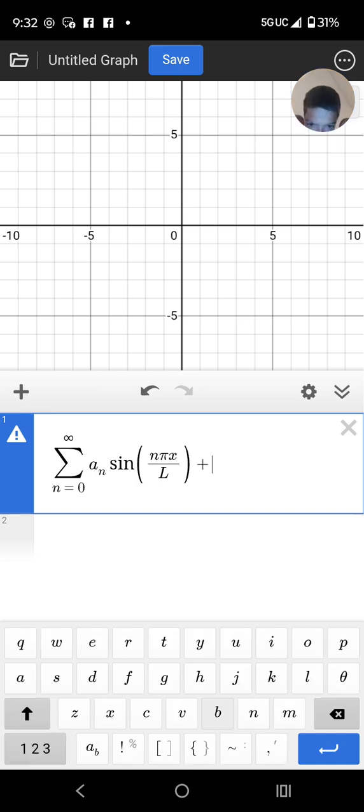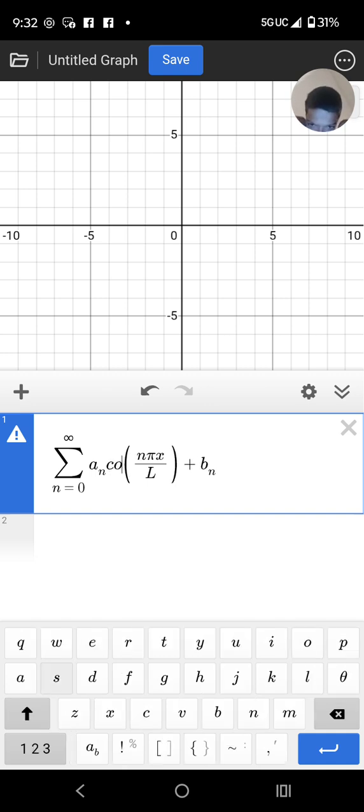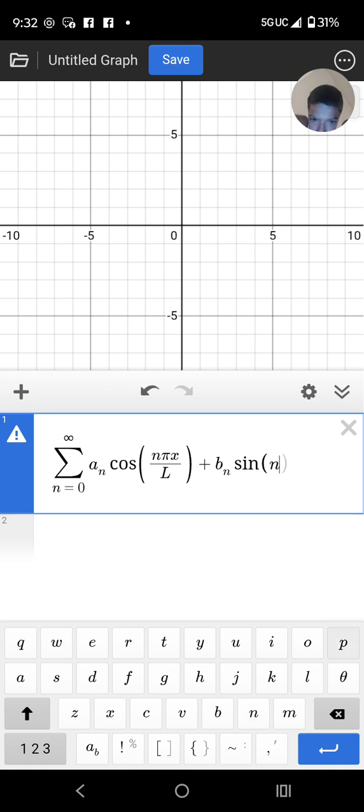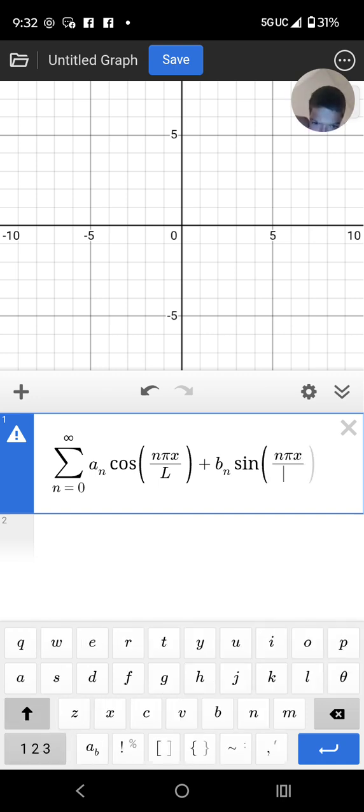Plus b sub n times sine of n pi x divided by L.